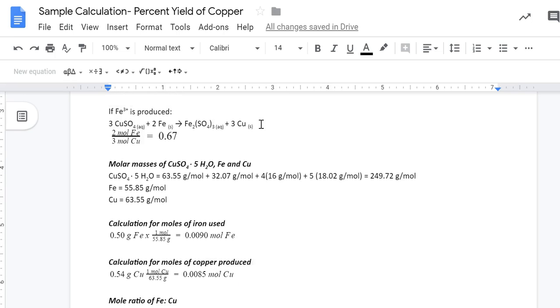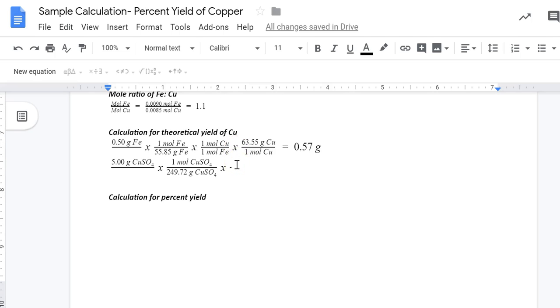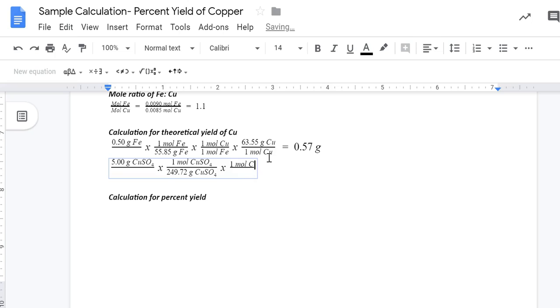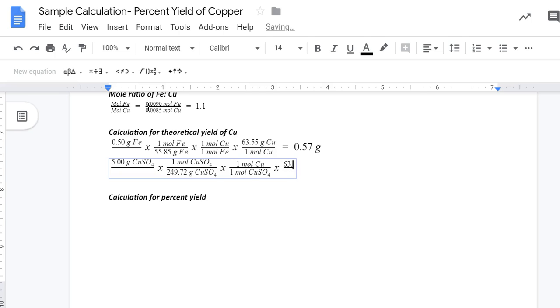I have two different substances. If I have two different substances, I need a mole ratio. This is also going to be a 1-to-1 mole ratio. And lastly, if we are solving for grams, I need to multiply by my molar mass.